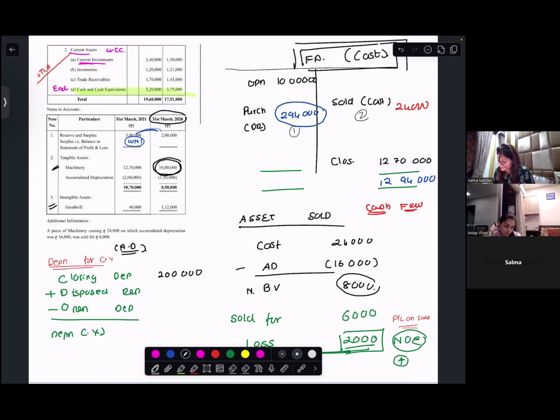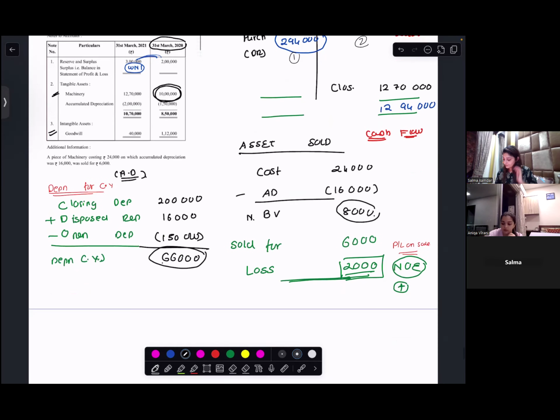Depreciation of the asset disposed? 16,000. Opening depreciation? 150. So the depreciation for the current year is 66. Where will this go? Non-cash, non-operating expenses.